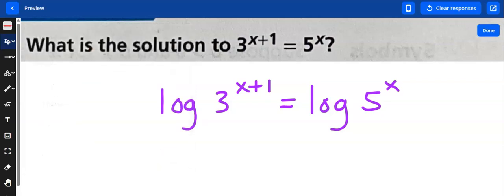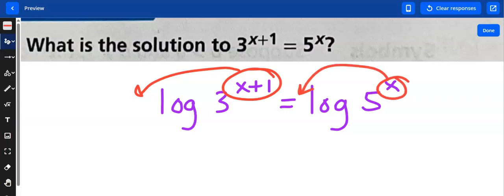What is King Julian screaming at me right now? Move those exponents. That's right. Move the exponents down in front.